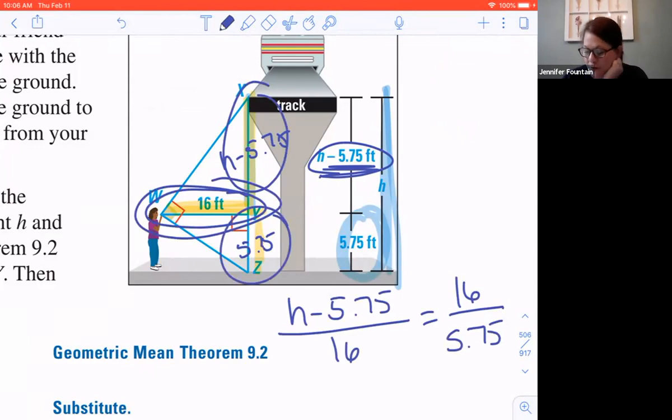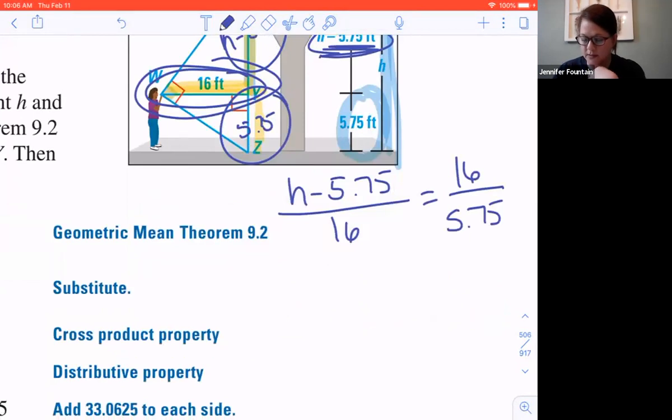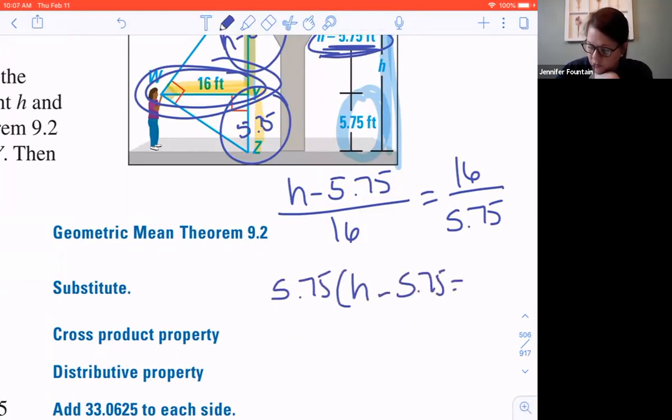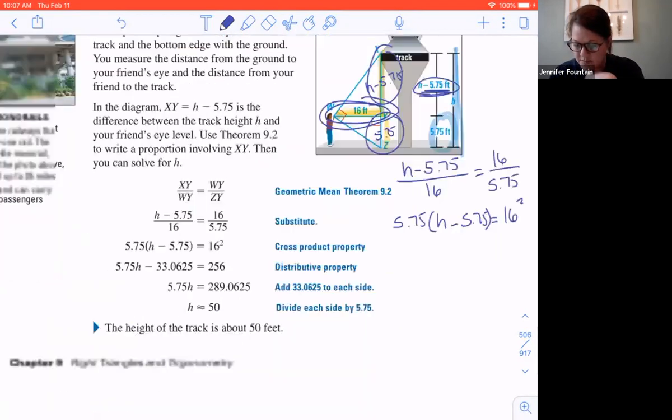And again, if I flip-flopped and I have 5.75 in my numerator of one and H minus 5.75 in the denominator of the other, that is okay. It's going to end up being the same thing. What does have to be consistent is my altitude has to be the denominator of one and the numerator of the second. So I'm going to have 5.75 times H minus 5.75 is equal to 16 squared. Okay, so that's what they've set up over here.